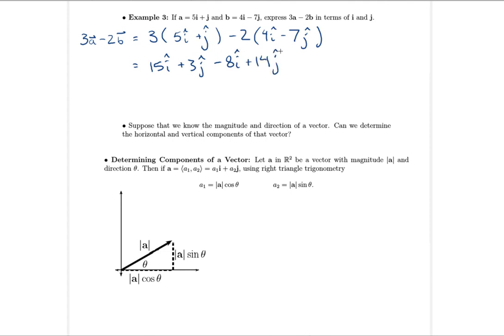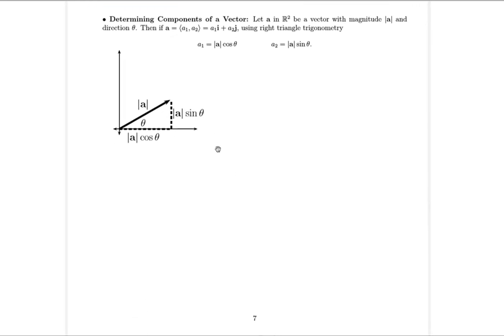So I'm treating these like they're x's and y's, right? And then of course we combine our like terms. 15 minus 8 is 7i, and then 3j plus 14j is 17j. So we can do all that vector arithmetic in this new notation.